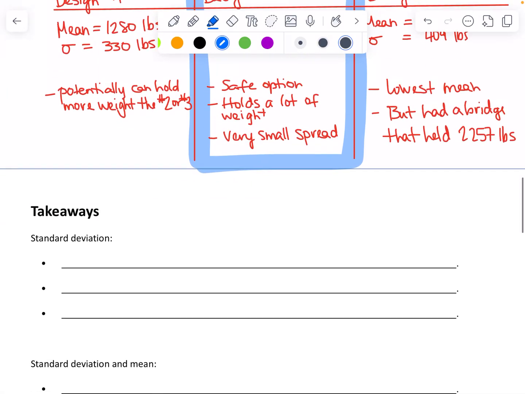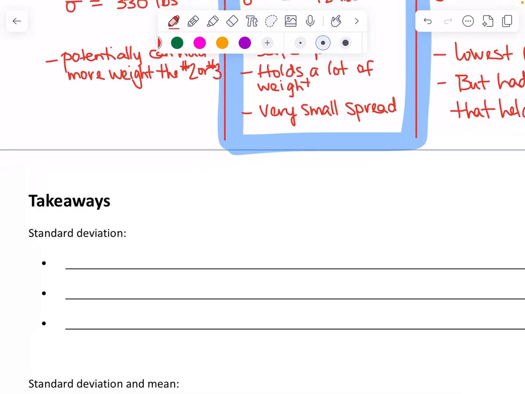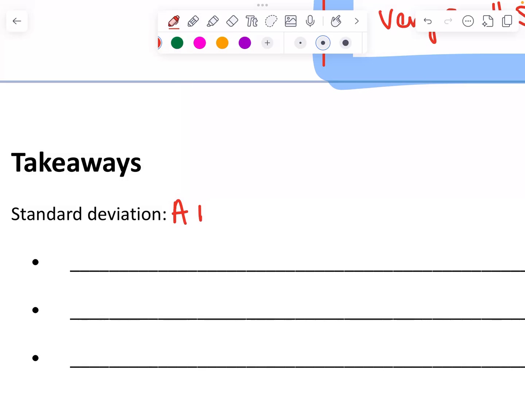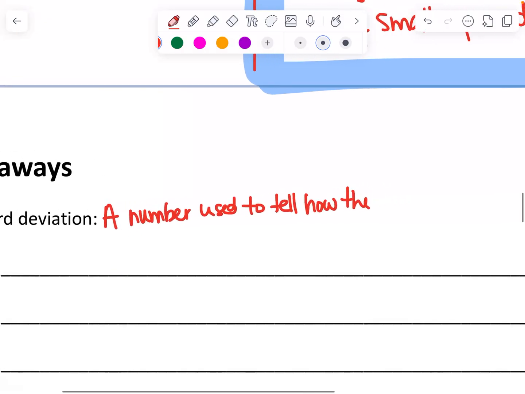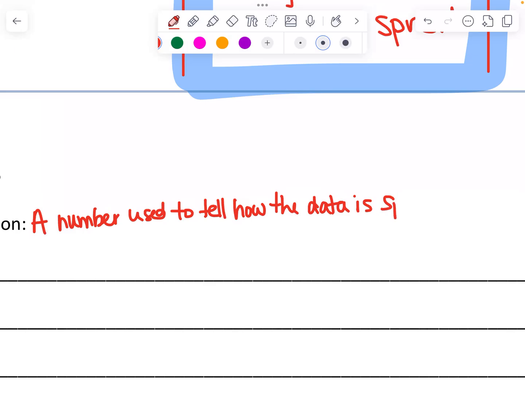The standard deviation is a number used to tell how the data is spread out from the mean. Okay, so it's a pretty useful measure of spread.